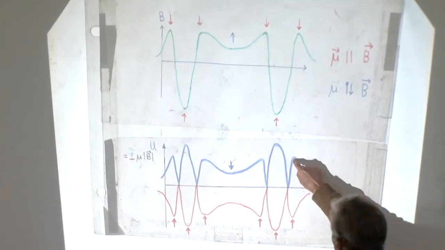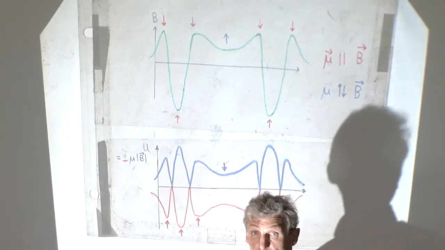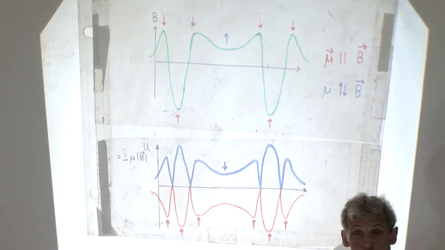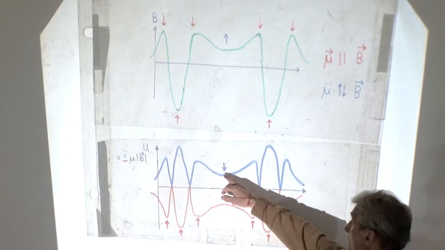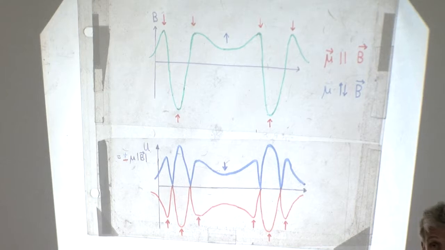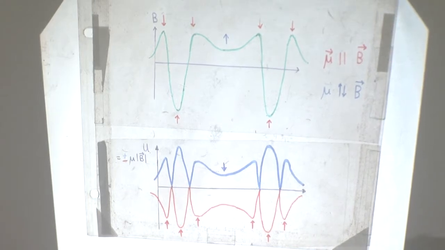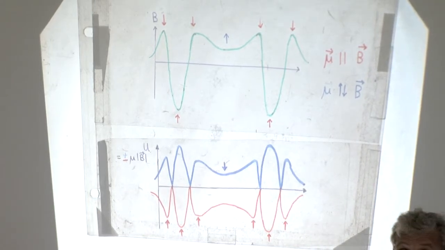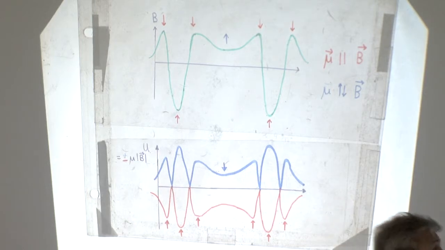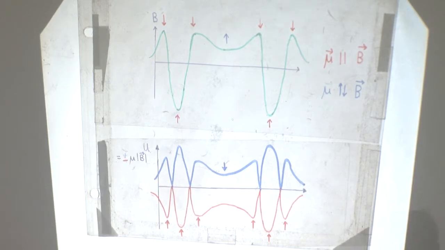And you realize there are 6 maxima, and this is responsible for 6 trapping configurations, and the 7th one was the minimum of the magnetic field. So in one dimension, there is no problem. In one dimension, I can get a restoring force for the strong and for the weak field seeker for any orientation of the magnetic dipole.